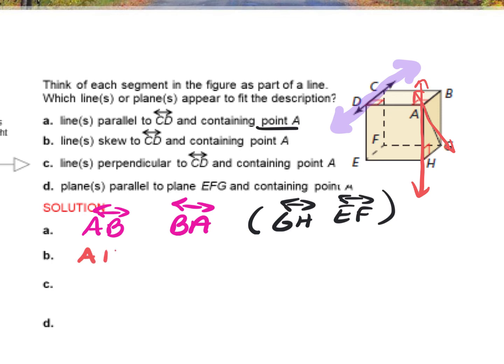And again, the order here doesn't matter. You could also say HA, and then AG would also be skew. Now, if it didn't specify point A, BG is also skew.